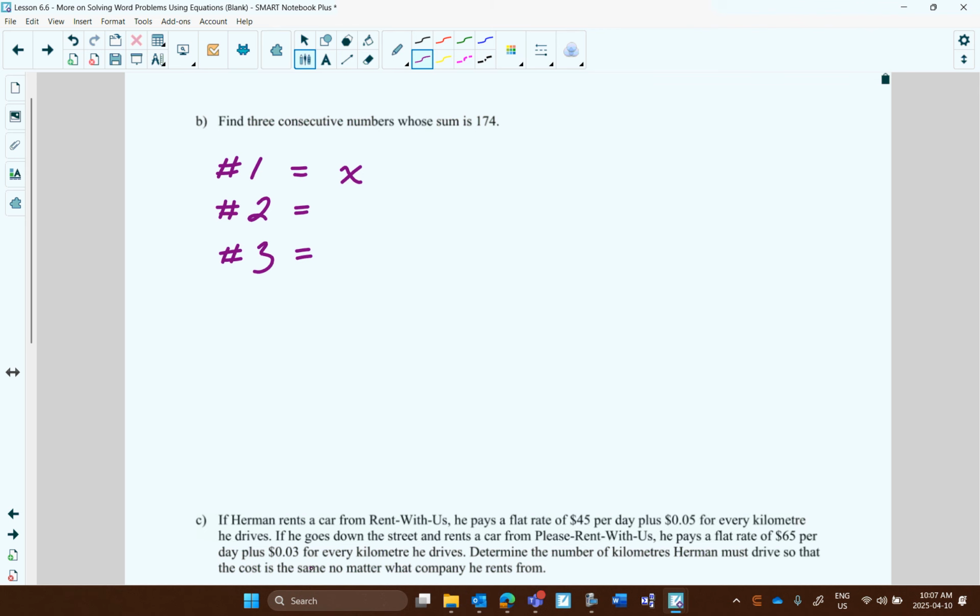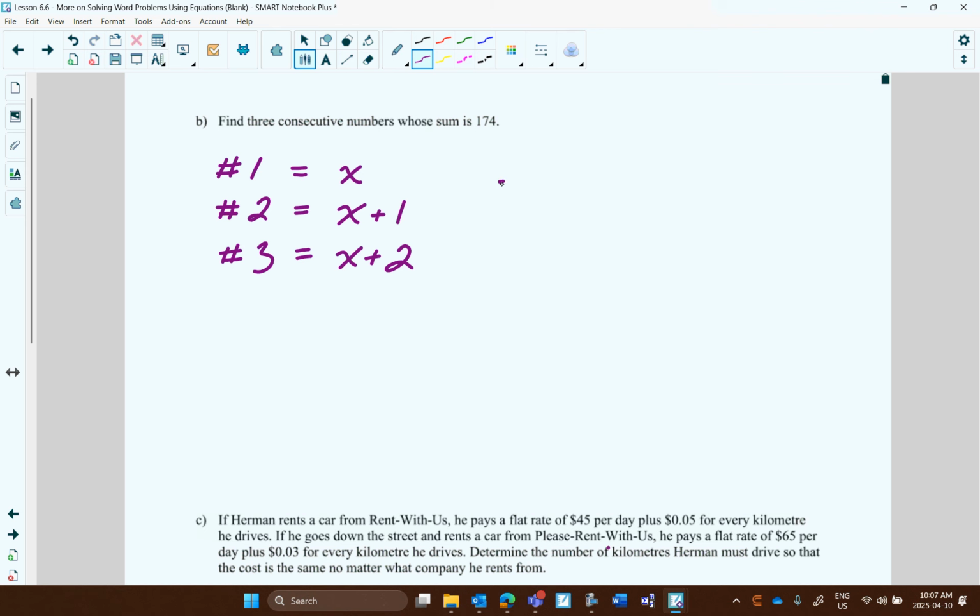Add 1, right? How do I get to the one after that? Adding 1 to this, which is adding 2. So those are expressions for 3 consecutive numbers that we don't know.